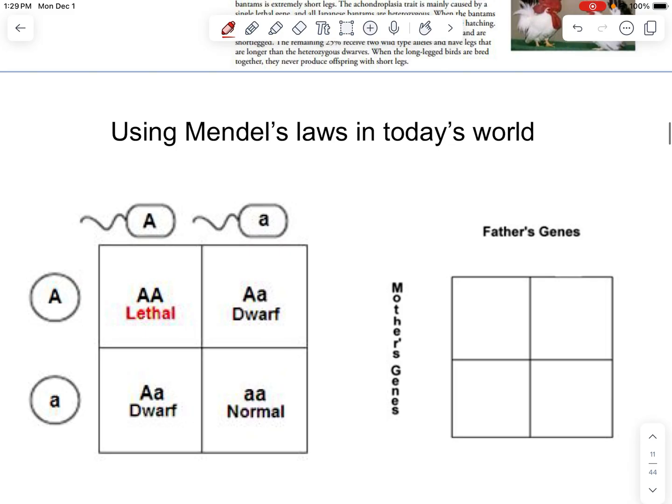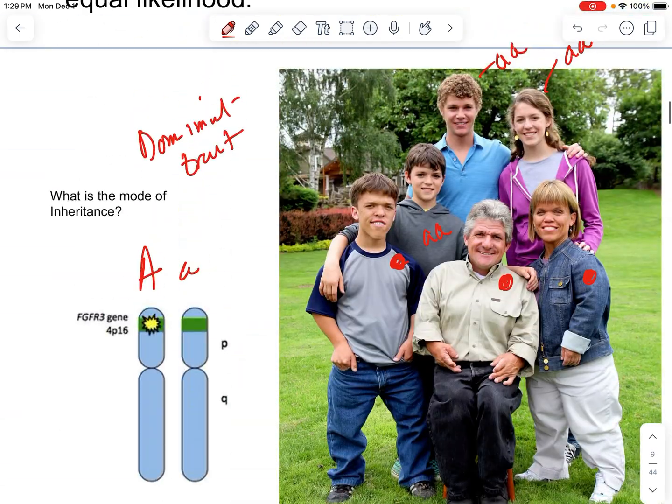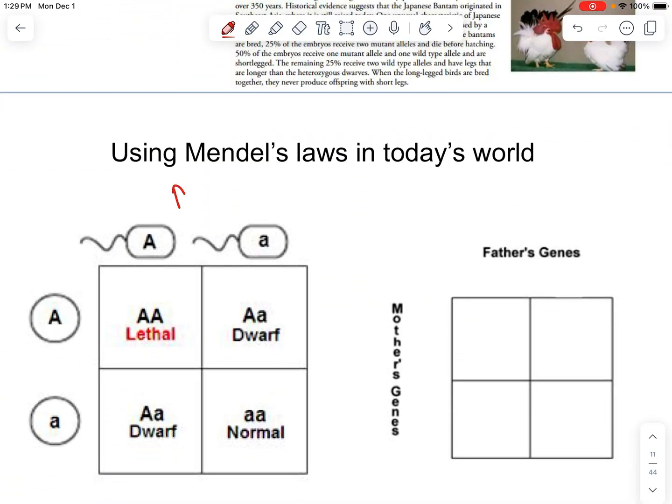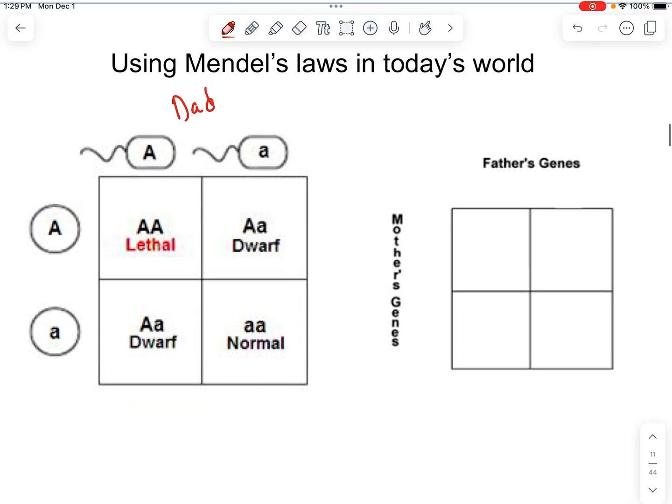Now, how you do this is by using Mendel's idea of the Punnett square. You guys have done Punnett squares before, but here's an example. If we go back and look at the two parents we had back here, mom and dad, we could say this is going to be dad, and this is going to be mom.